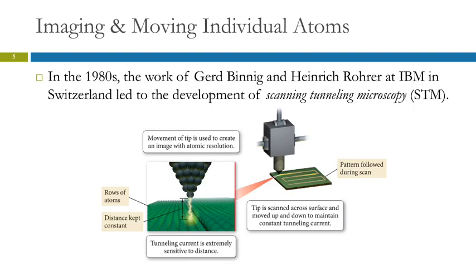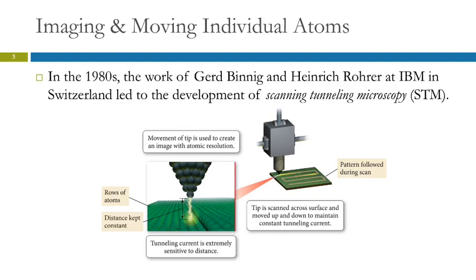So you can hold the distance constant by monitoring the current and having the computer move that tip so that the current is always constant. So they take this tip and they move it back and forth. It's called rastering. In a zigzag pattern, they scan it back and forth, maintaining that current.